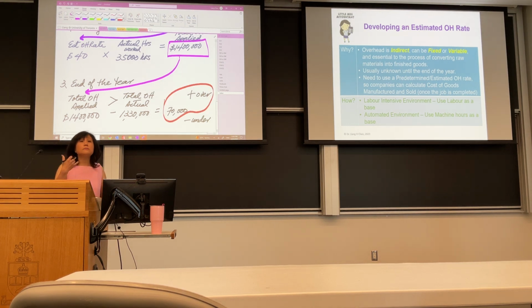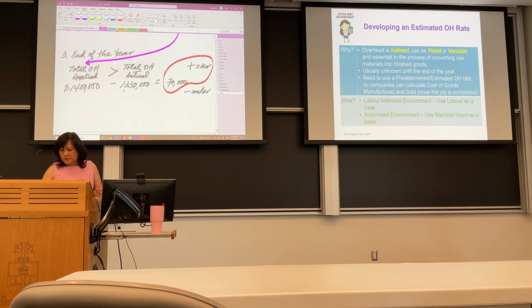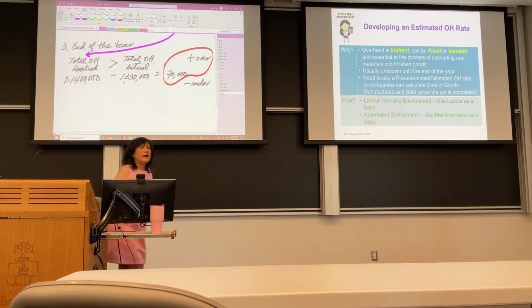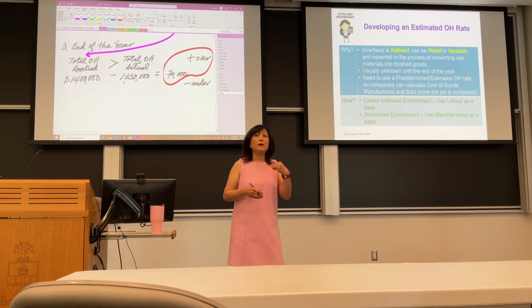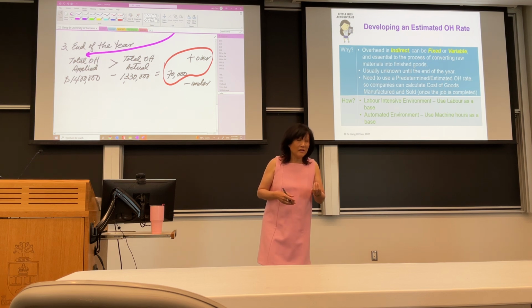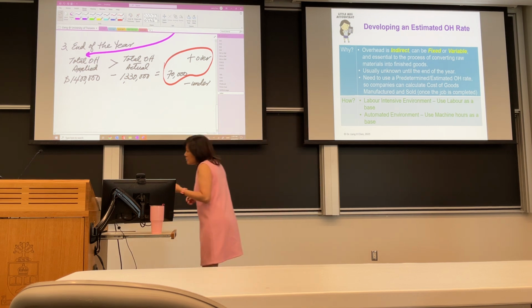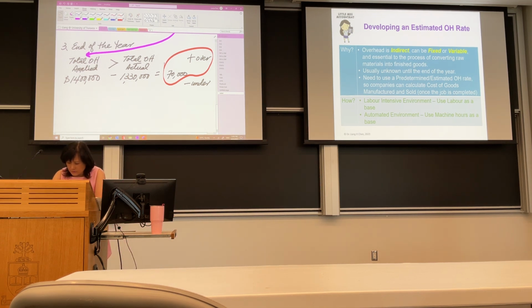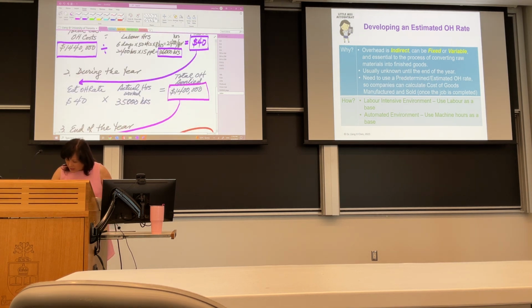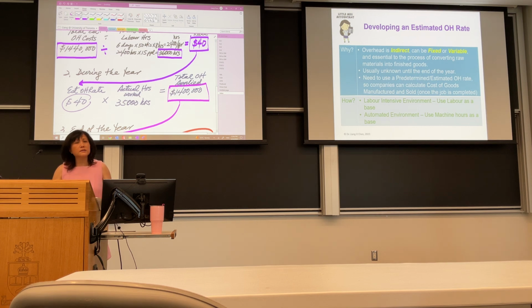You apply too much. So at this point, you can figure out the actual overhead rate. How do you figure it out? Okay, let me show you. We worked 35,000 hours. We used $40 an hour times this.